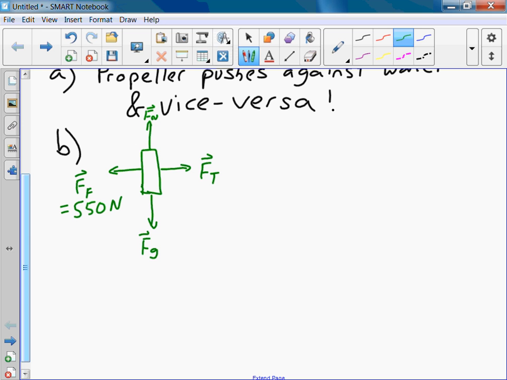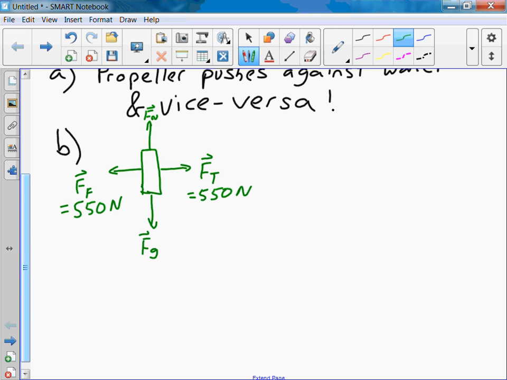And since the skier is not accelerating, what do we know about the force of tension? It's constant, yes, but it's equal to friction. We just don't need to calculate for this question.